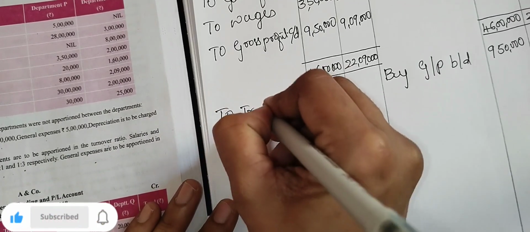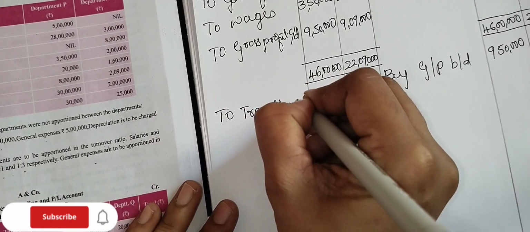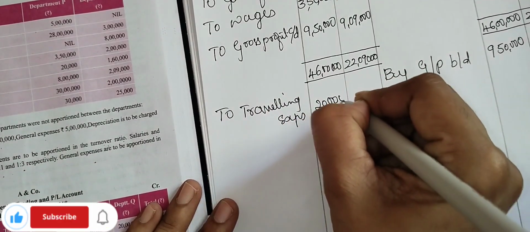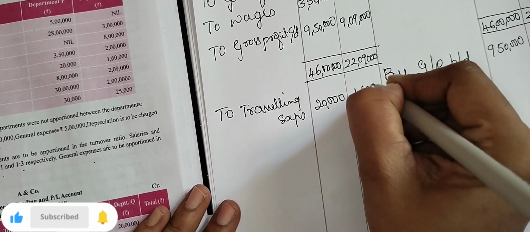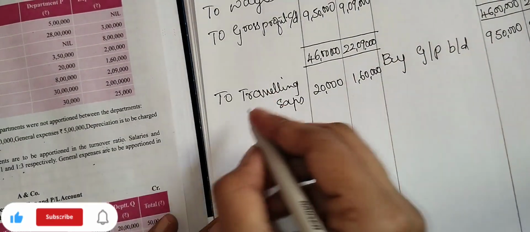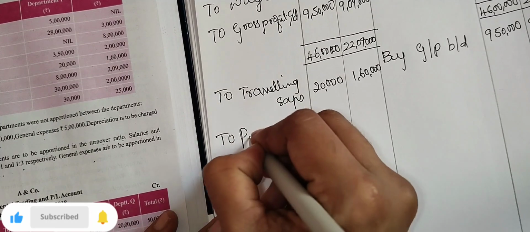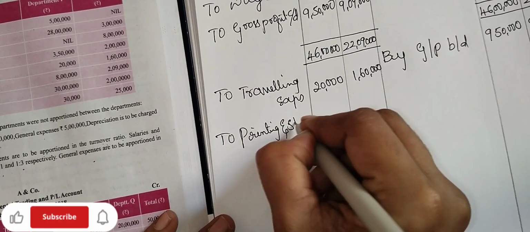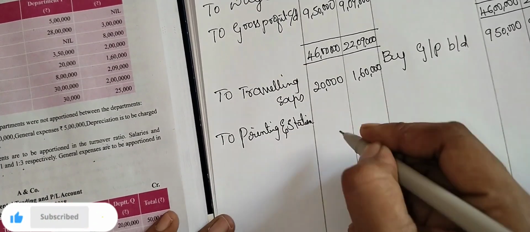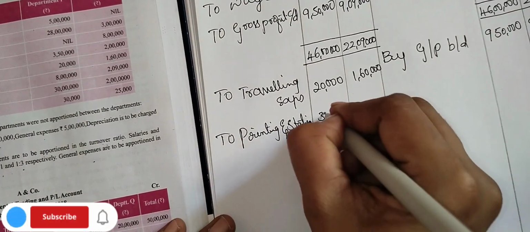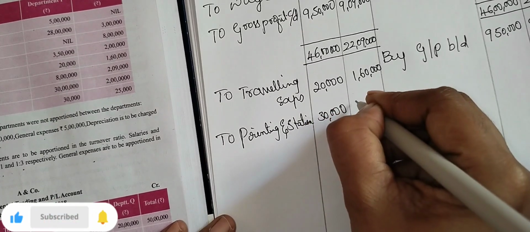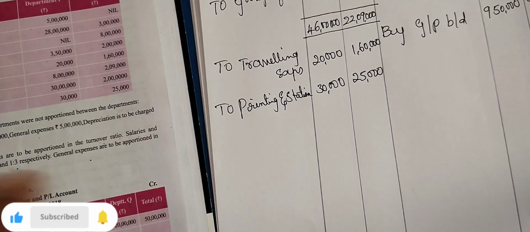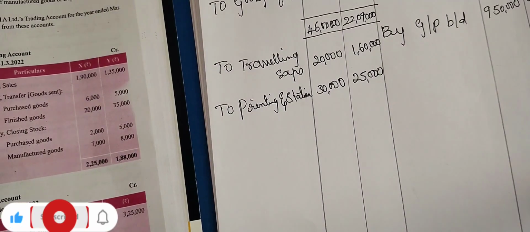To traveling expenses 20,000 and 1 lakh 60,000. To printing and stationery 30,000 and 25,000.